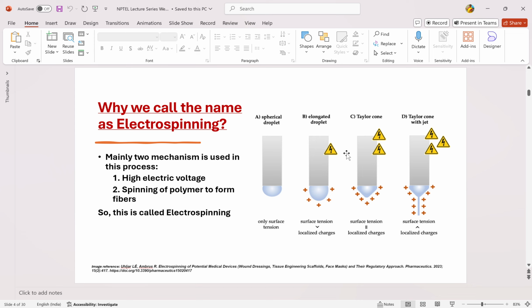Here you can see that more electric charge is being given, more charges are accumulating, and it forms a Taylor cone, and then your fiber is spun out from this Taylor cone. Understood how this Taylor cone formation happens? This is very important for electrospinning.